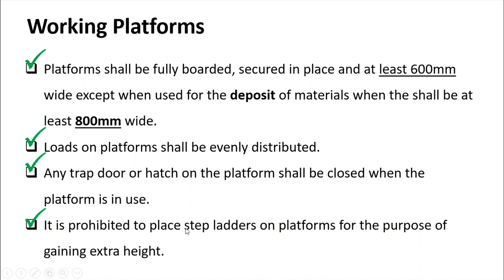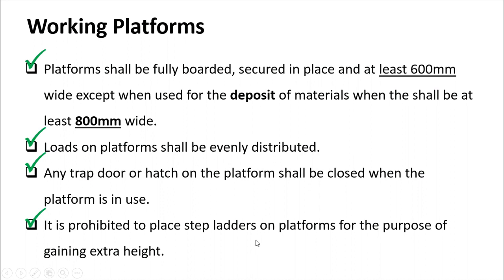It is prohibited to place step ladders on platforms for the purpose of gaining extra height. So when you have the platforms and then you realize that the work cannot be reached from those platforms, then you provide ladders to get extra height. It's not permitted, and it is prohibited.